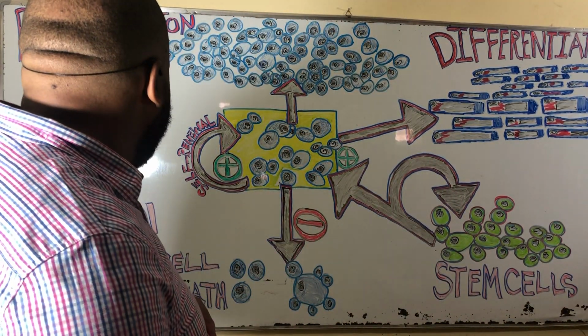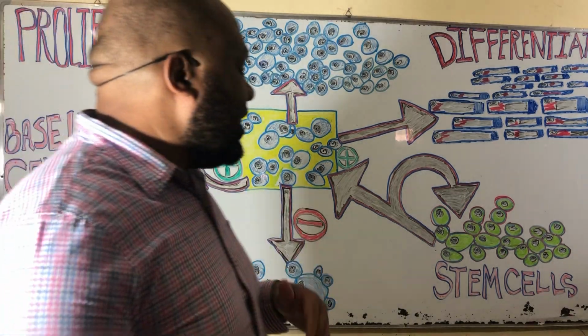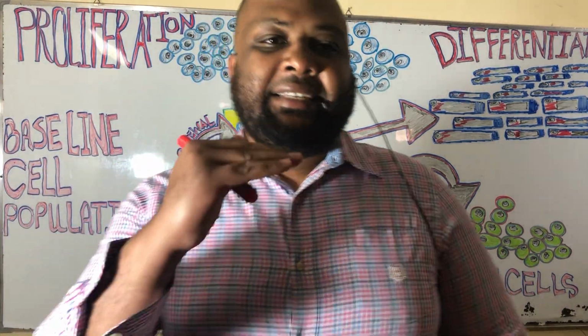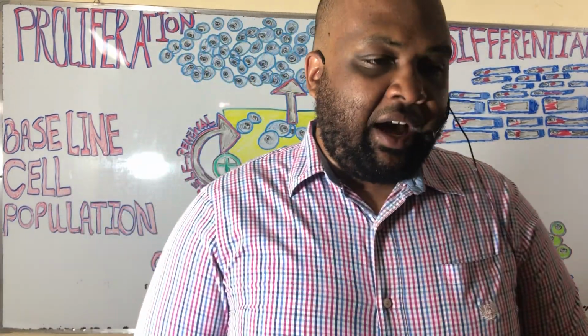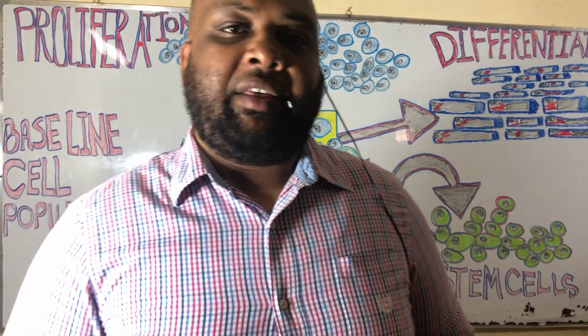What else do we have? We talk about mechanisms that decrease the cell population, and obviously that would be cell death.